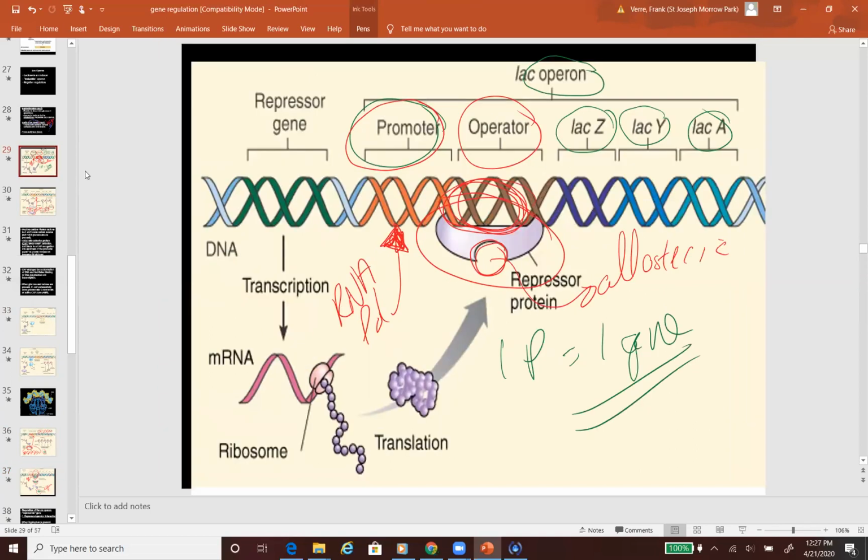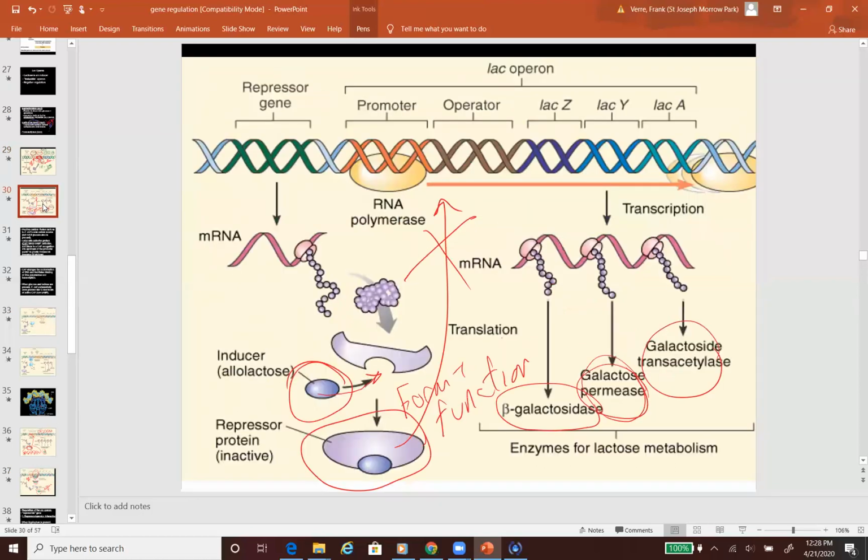In the Lac Operon, we don't want to make the enzymes to break down lactose unless there is lactose, otherwise it would be a waste of time. So when do we make the enzyme to break down the lactose? Well, that's when lactose is present, which removes the repressor protein. Okay, so there's a logic to the way these operons, or gene regulation, work.